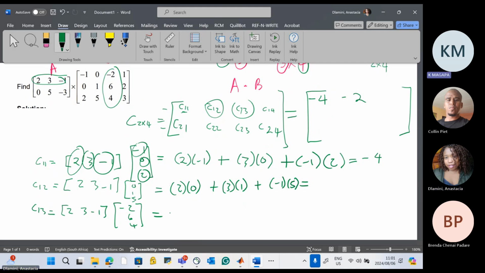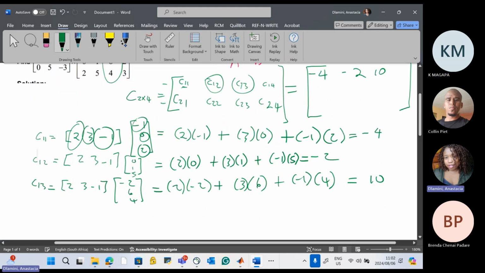Do you need the answer only? No, I want everything, all the steps. So 2 multiplied by minus 2, that is minus 4. Plus 3 multiplied by 6. Plus minus 1 multiplied by 4. The answer is 10.